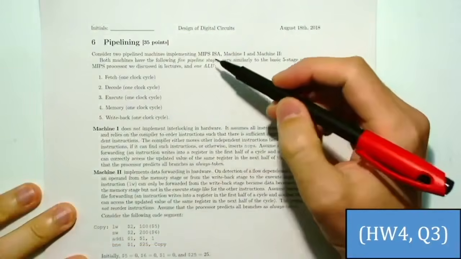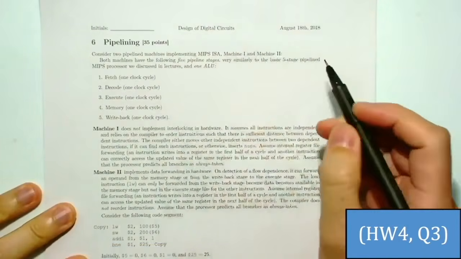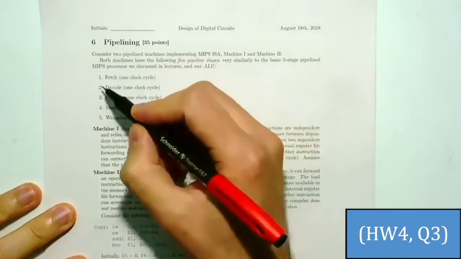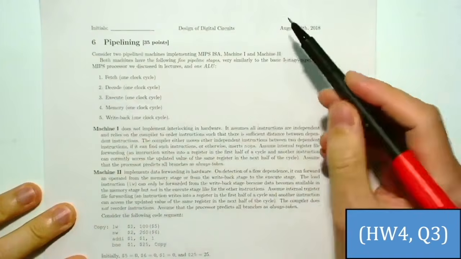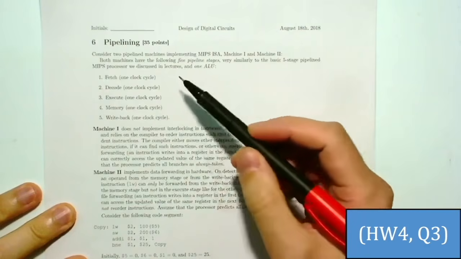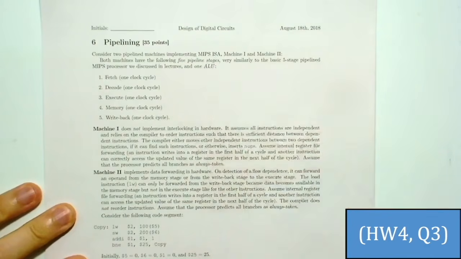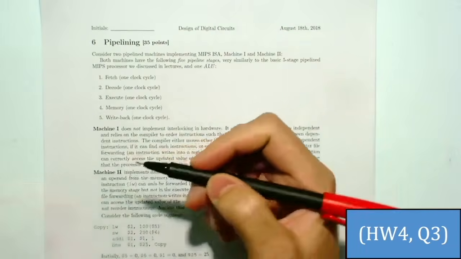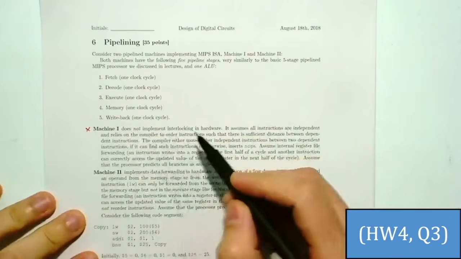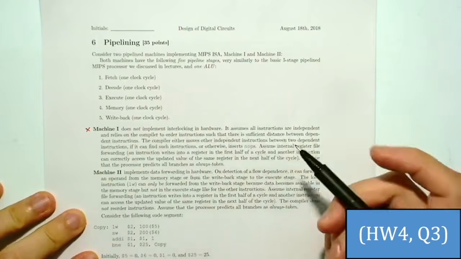Consider 2 pipelined machines implementing the MIPS ISA, machine 1 and machine 2. Both machines have 5 pipeline stages, very similar to the 5 basic pipeline stages that we saw in class, and one ALU. Machine 1 does not implement interlocking, so it cannot detect dependencies in hardware.